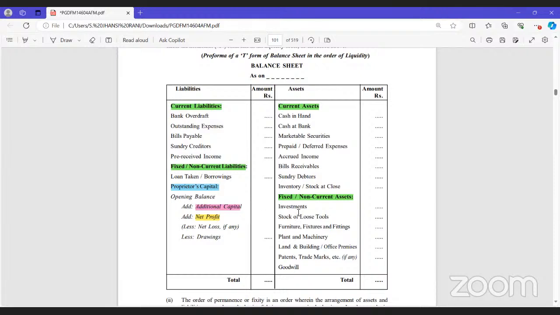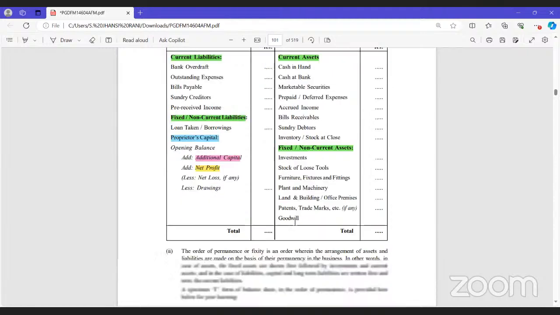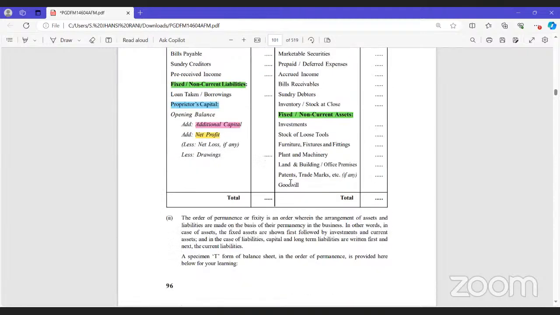And here, all these assets can be converted into cash only when the organization gets into liquidation or winding up. At that time only, they will be sold. Otherwise, they will not be sold. So that is the liquidity format of the balance sheet.